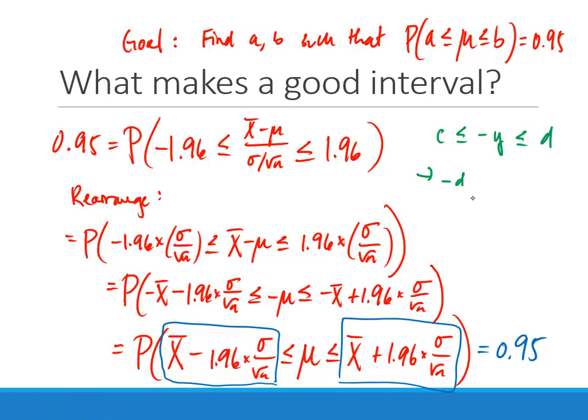That means that negative d is less than or equal to y is less than or equal to negative c. So I'm flipping those around. The x bar changes sign, as does the second part. It's just that I'm now interchanging those endpoints there. Good question.